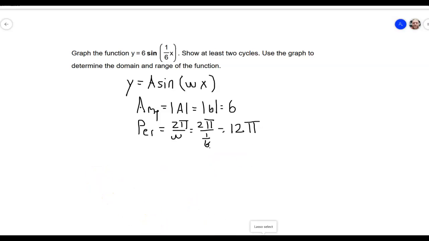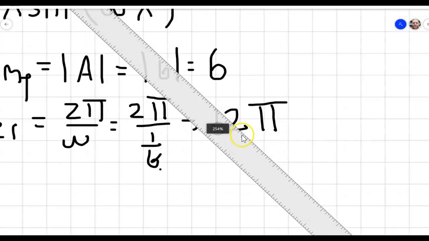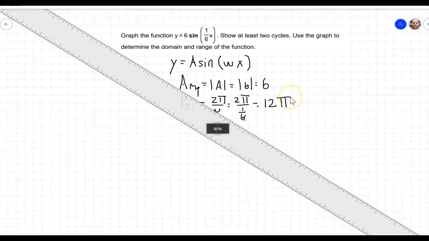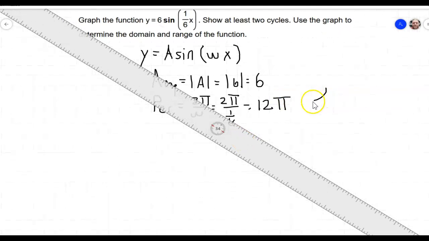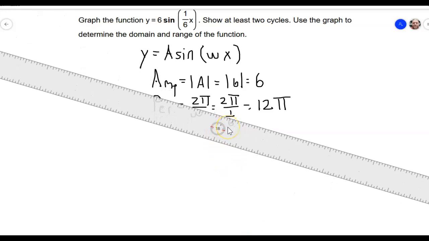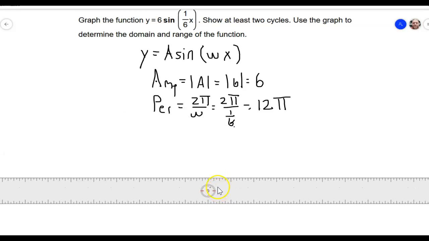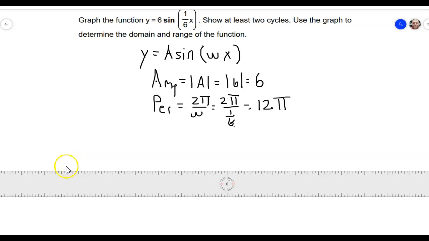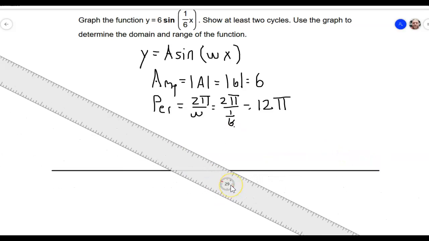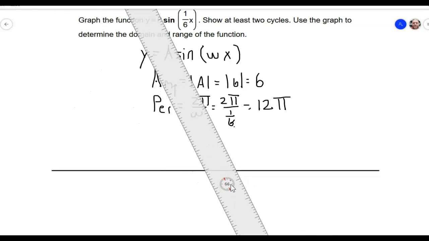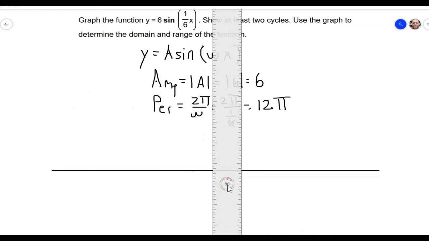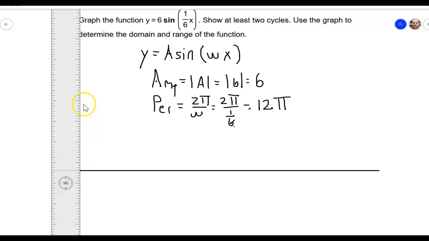If we're going to draw this, let me use a ruler here. Whiteboard has its perks, but it also has some issues. So I draw a straight line, that's my x-axis, and let's draw the y-axis.